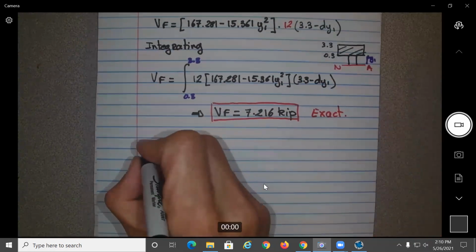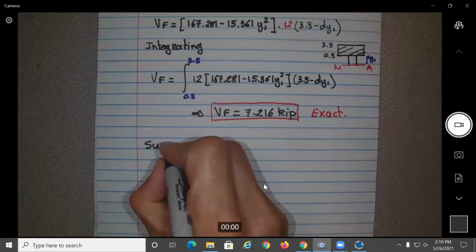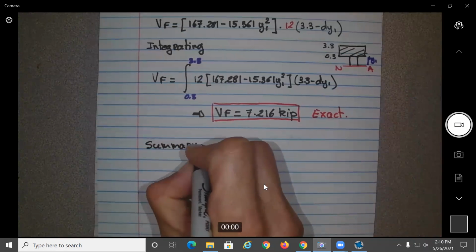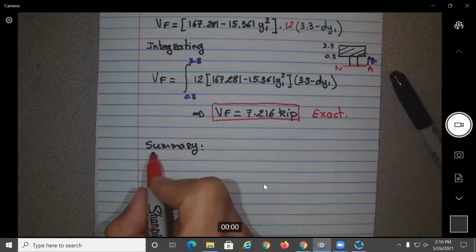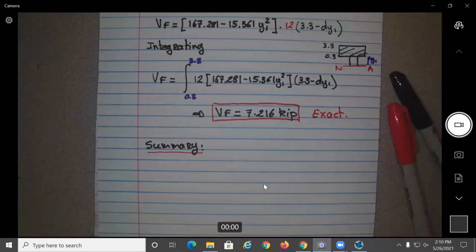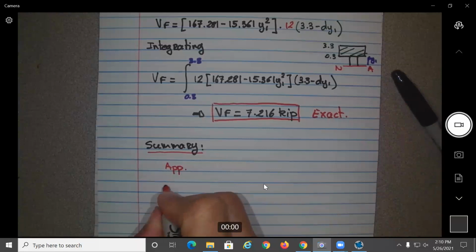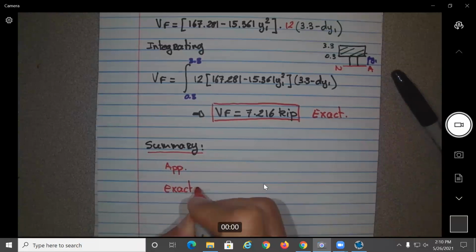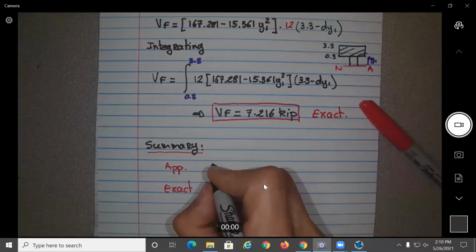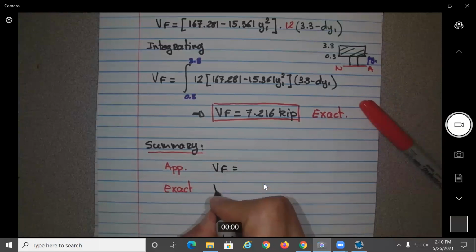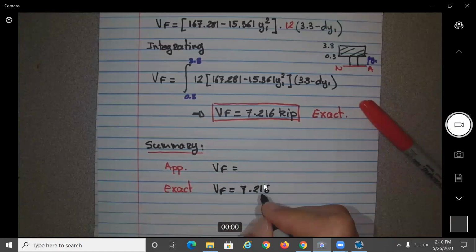Okay, so summary. If we had the approximation, what do we have for V sub F? Was 5.97, no?